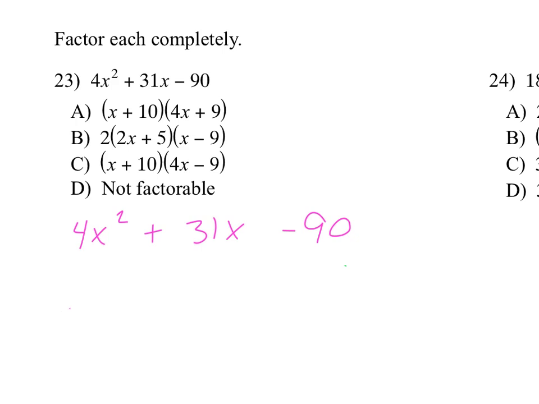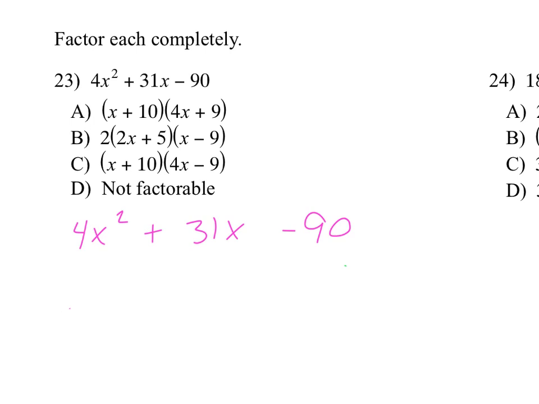So what do you ask yourself after it's a quadratic trinomial? Is the A 1? Is it? No. Nope. So what do we have to use if A is not equal to 1? Yep.